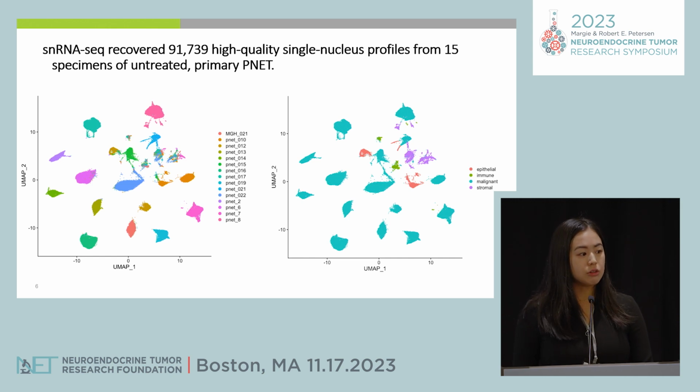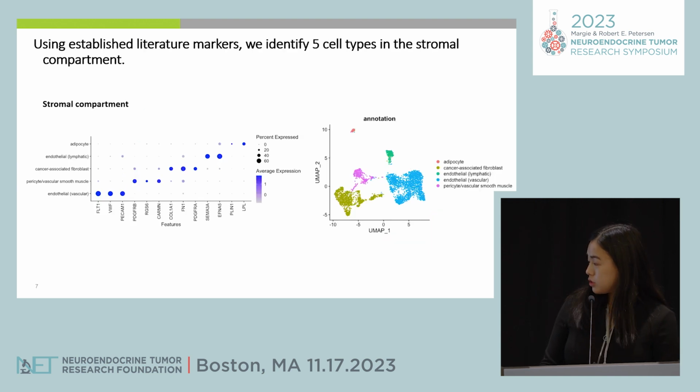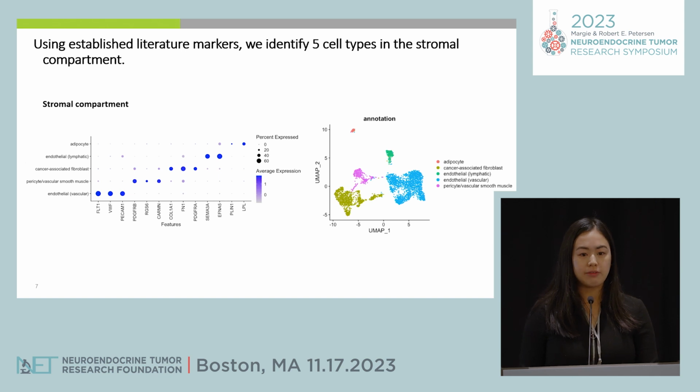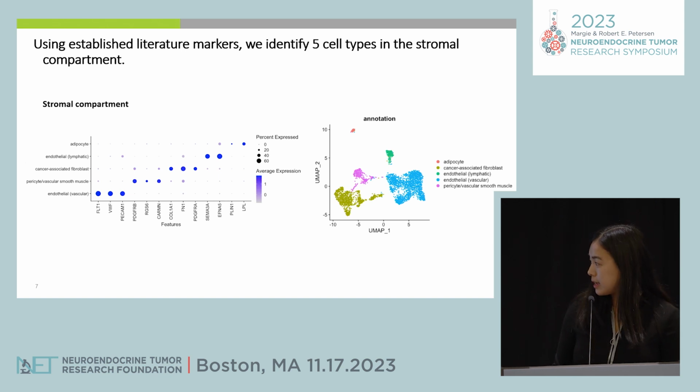Now we wanted to take a closer look within each of these compartments to identify the different cell types. So within the stromal compartment, using established literature markers, we identified 5 different cell types, including endothelial lymphatic and vascular cells, fibroblasts, and pericytes and vascular smooth muscle cells as well.